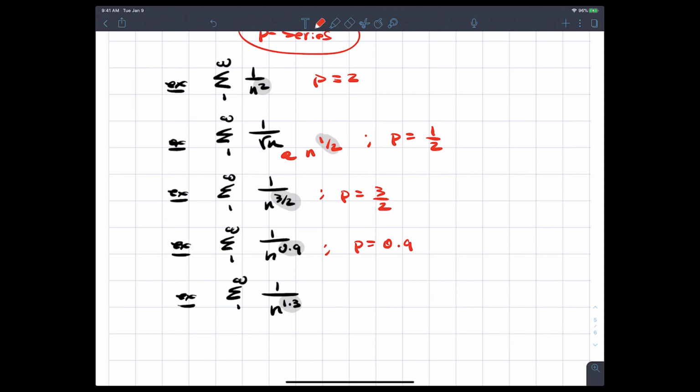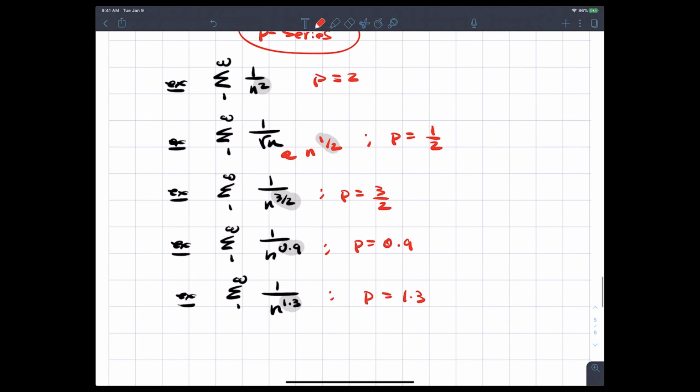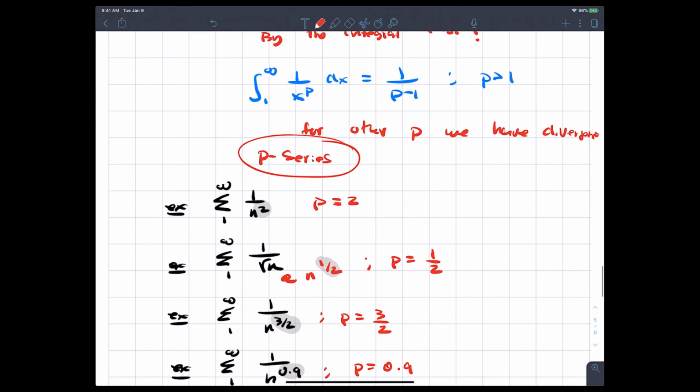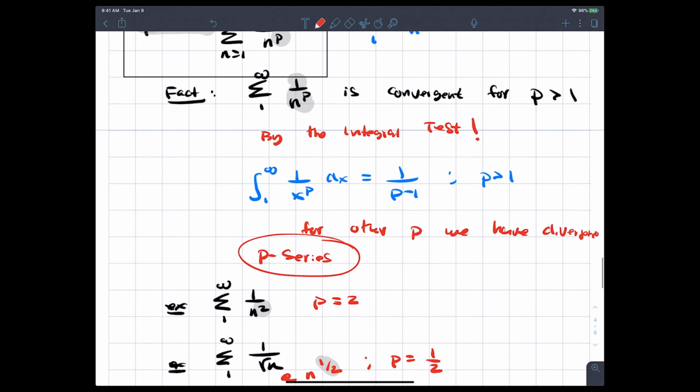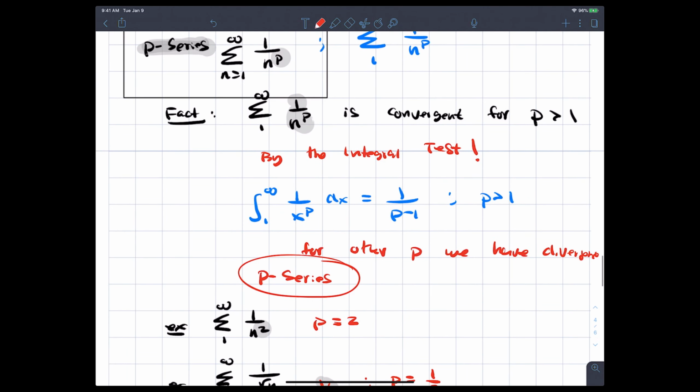P is 1.3. And so you identify that you're looking at a P series. Now, you have to know the conditions for convergence of a P series. And I think we wrote that down. Oh, it's convergent here only for P being bigger than 1.